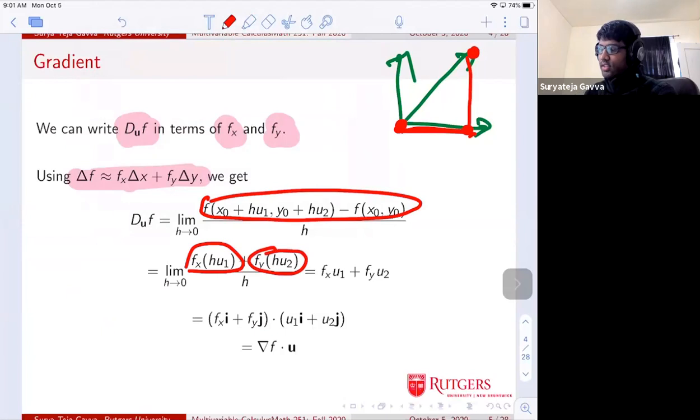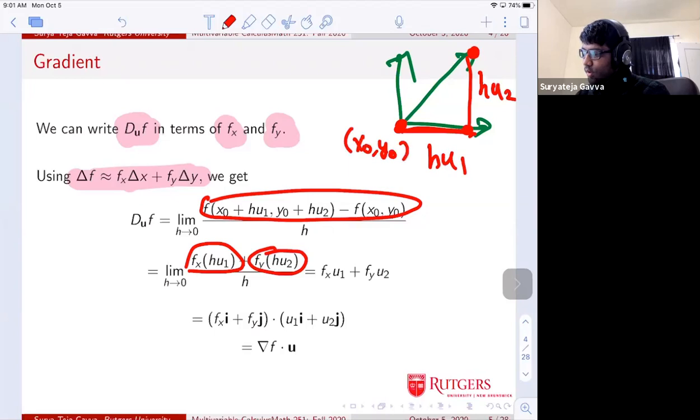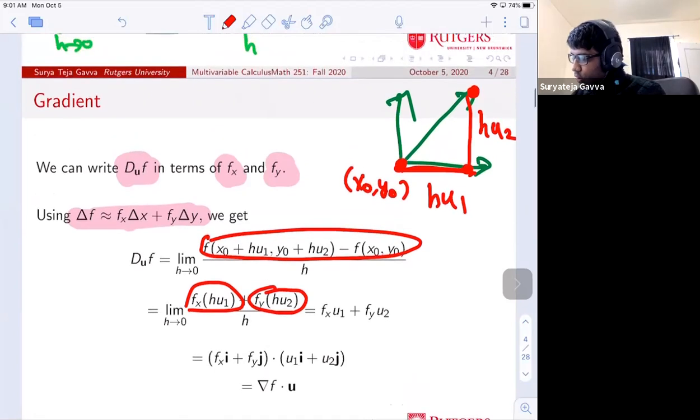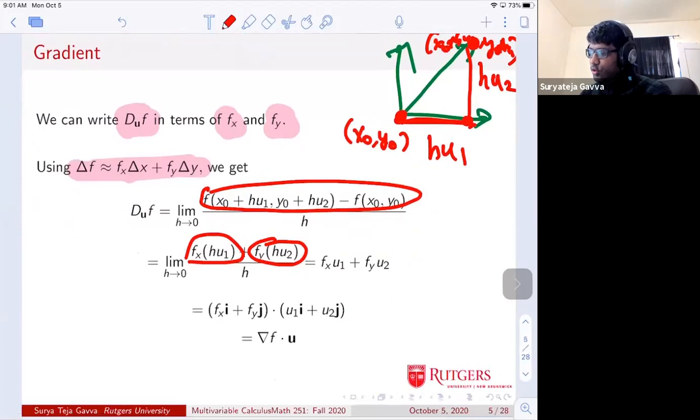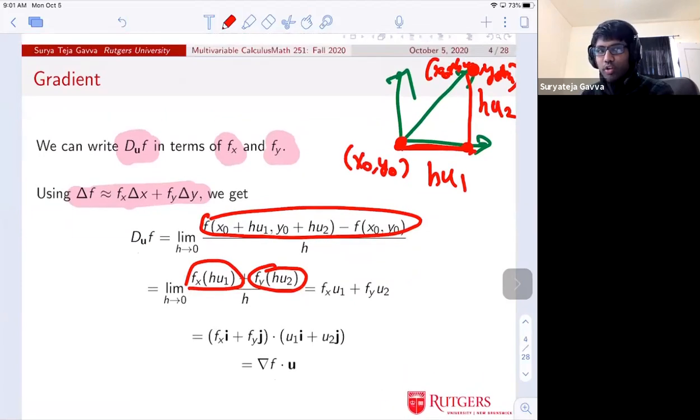Okay, so the change of f will be fx times hu1, and fy times hu2, because this point is (x0 + hu1, y0 + hu2). So the delta f is the change as you move from this point to this point.